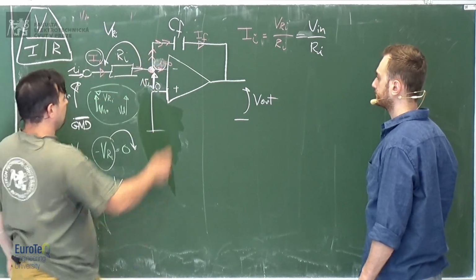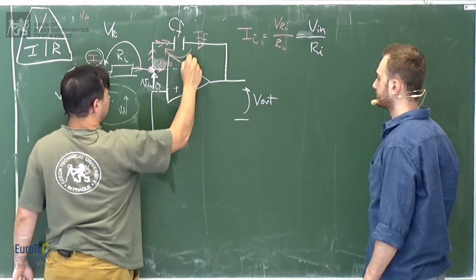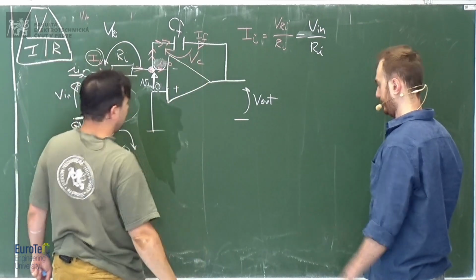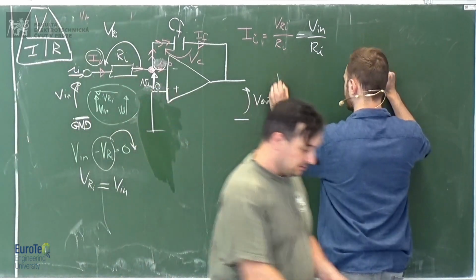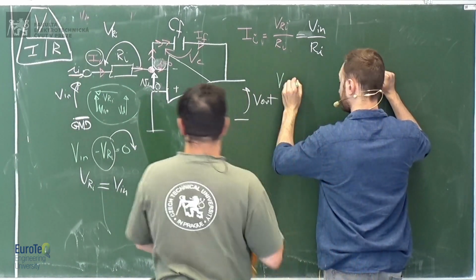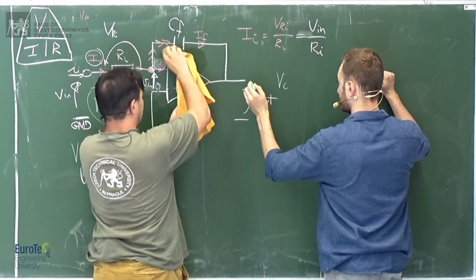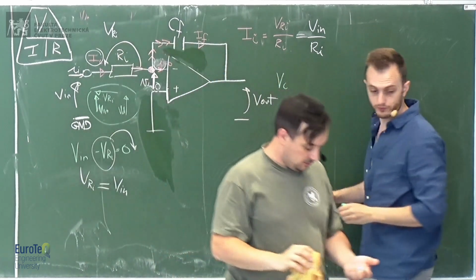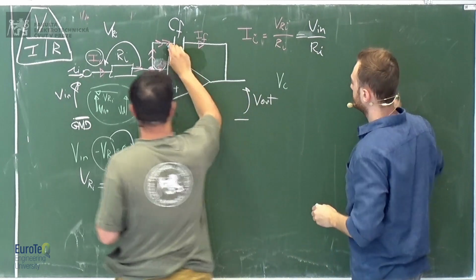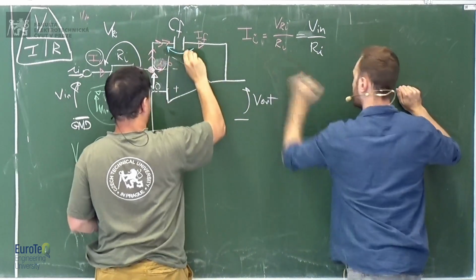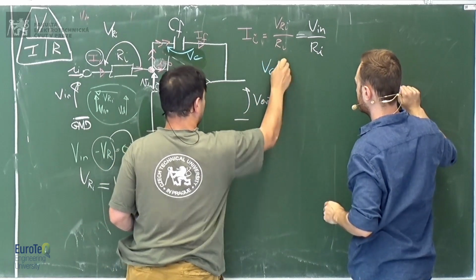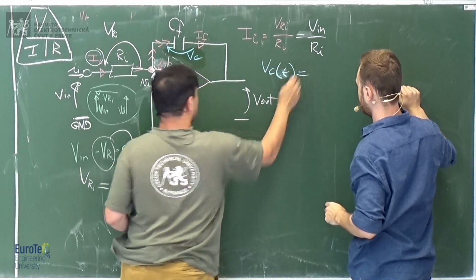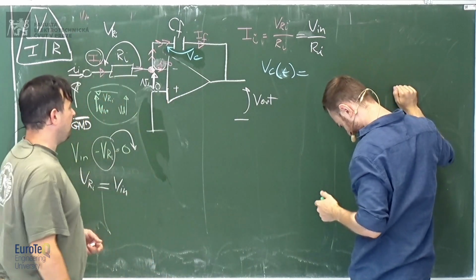And what happens to the voltage of the capacitor? Let's use another color, blue, for VC. Let's call it VC as a function of time.